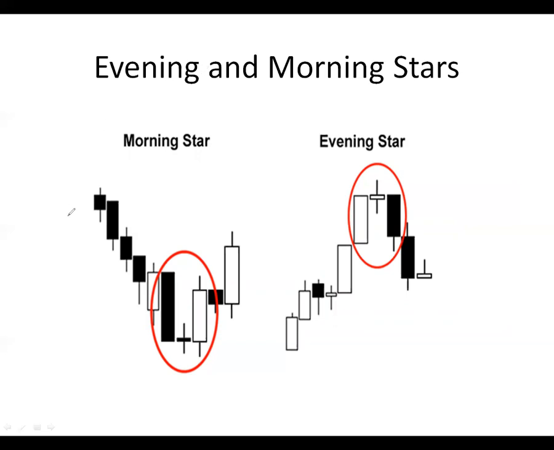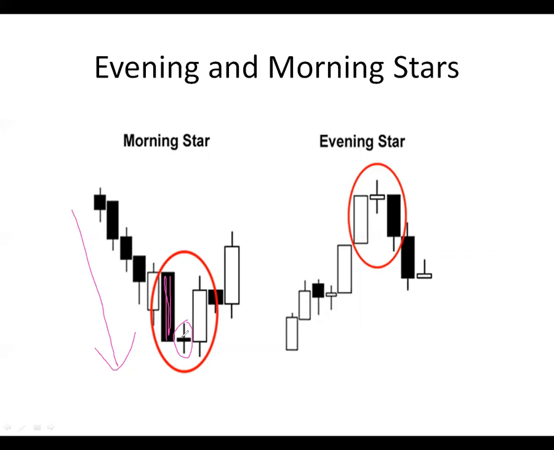So, for instance, you can see the trend is a down one here. And then you see 3 candles, which are circled in red. The first bearish candle, which is this black one, is followed by another candle which indicates indecision.